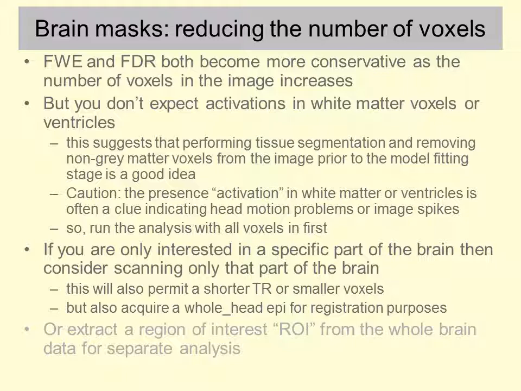If you do that, then also do acquire one whole head EPI image, as it helps for registration. Another approach is just to extract a region of interest from the whole brain and do a separate analysis of that particular time course, perhaps using the tools in FSL for it, such as Featquery.